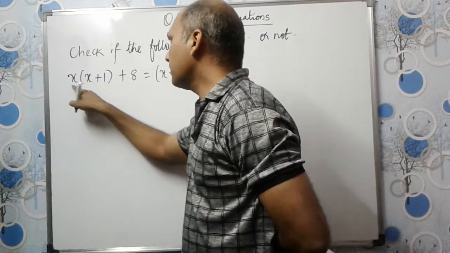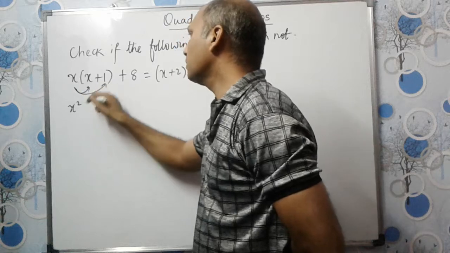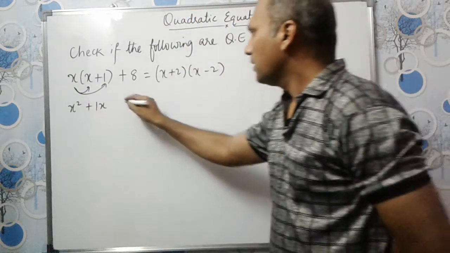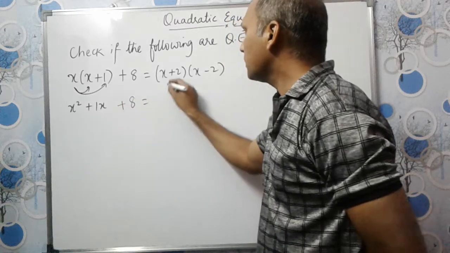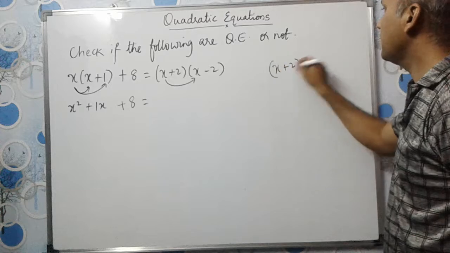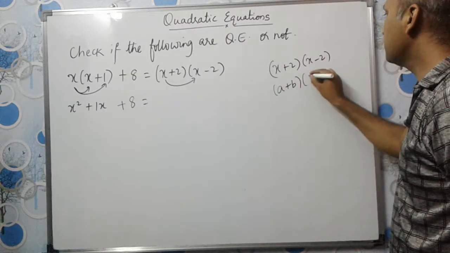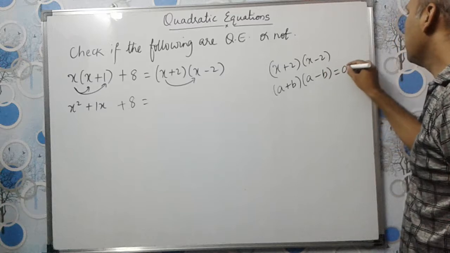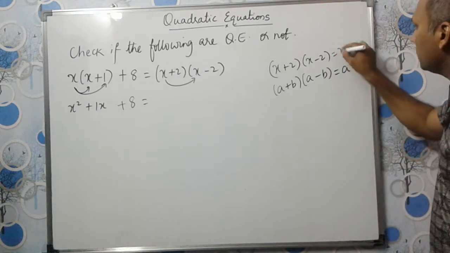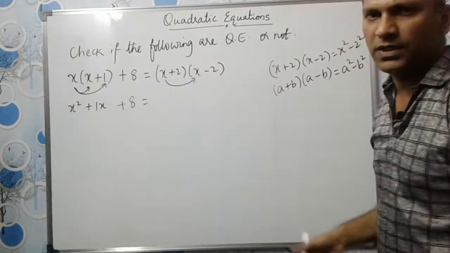Now let me simplify. X into x is x square and x into 1 is 1x, or we can write x also. Plus 8 is equal to, see, we can use the identity (a plus b)(a minus b) which is a square minus b square. So this will be equal to x square minus 2 square, or we can multiply each and every term.